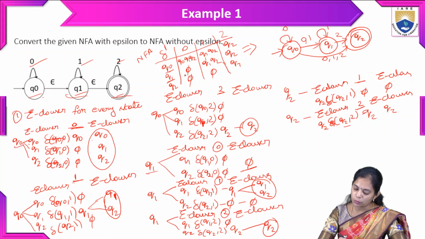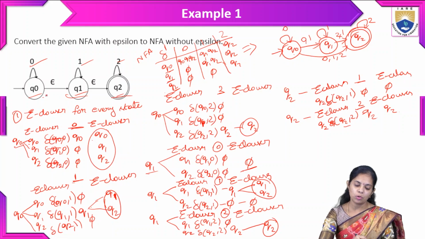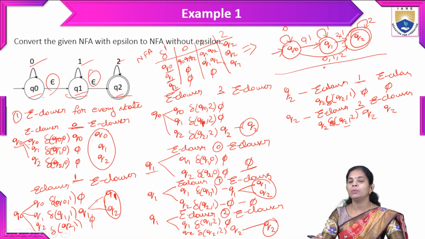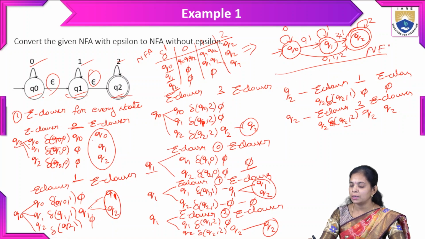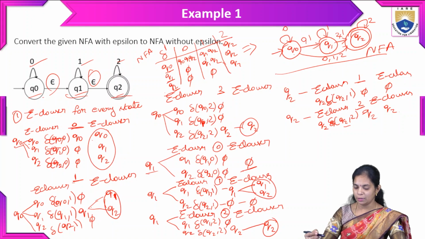And for Q2, it has the 2 input symbol as a self loop. So if you observe, we had the epsilon moves here, and by removing the epsilon symbol we converted to a normal NFA, that is, an NFA without epsilon. This is how we convert the given epsilon-moves NFA to a normal NFA.